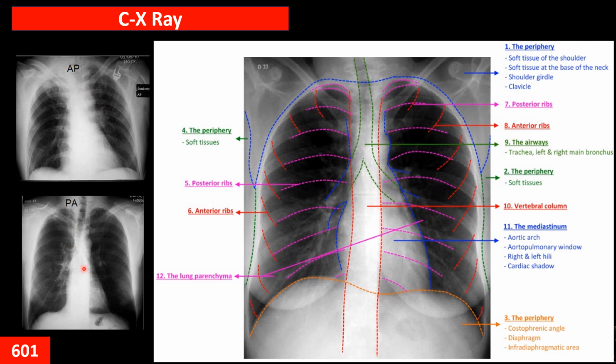The main difference between AP and PA is that in AP, the size of the heart shadow becomes bigger and the lung smaller, and in PA, vice versa. PA is more accurate than AP in evaluating the size, and some other structures, especially the trachea, are more prominent in the PA.